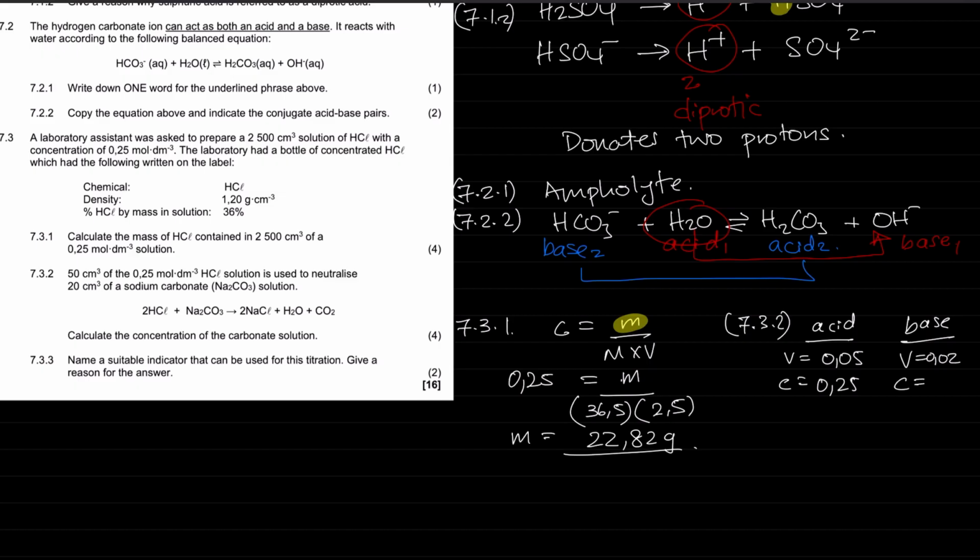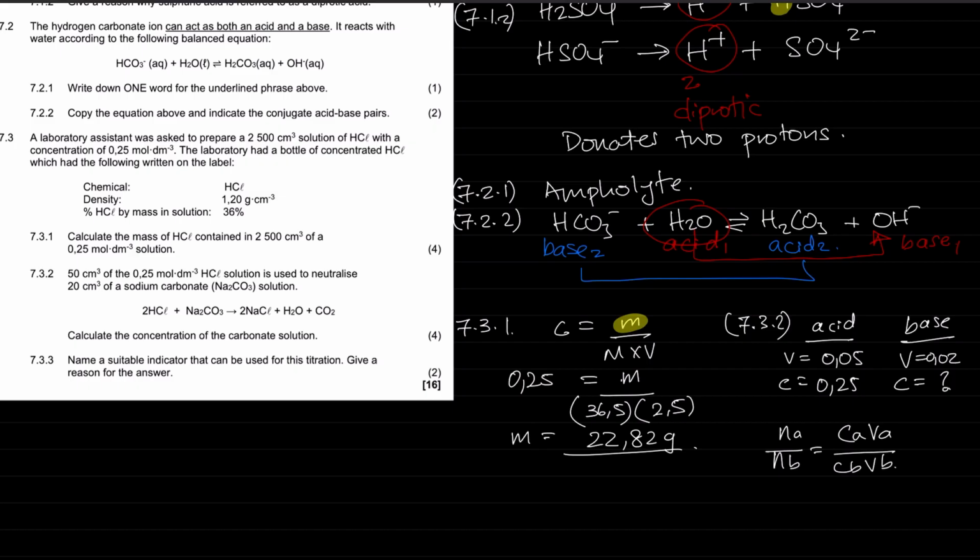Now this is a neutralization, and there is a formula that you can use for neutralization. The formula is Na over Nb is equal to Ca Va over Cb Vb. Now, Na is the number in the front, so we get this from the coefficients.